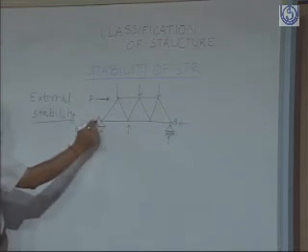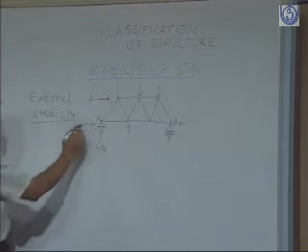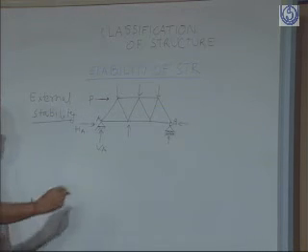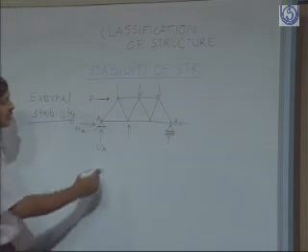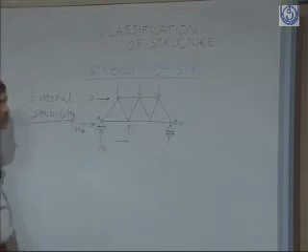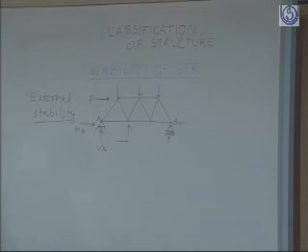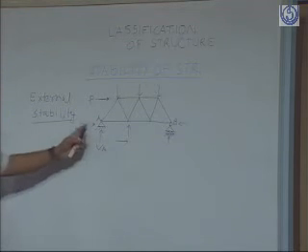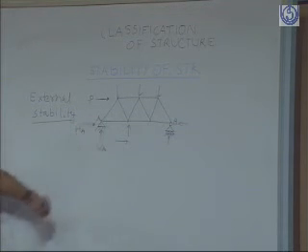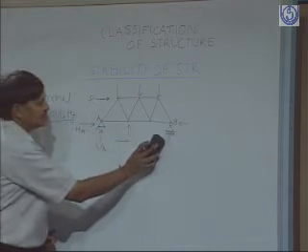So now this horizontal reaction will stop its movement in the horizontal direction also. Suppose one can say that if only two restraints are there, why do we require this restraint?